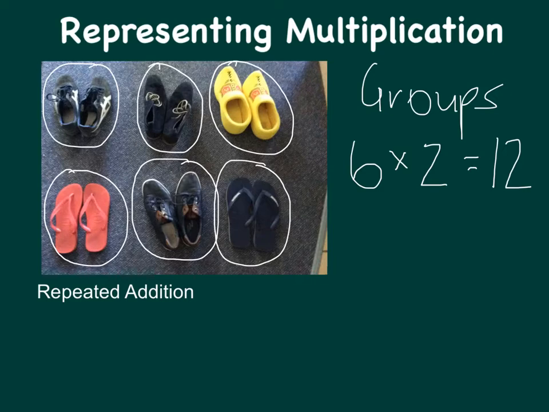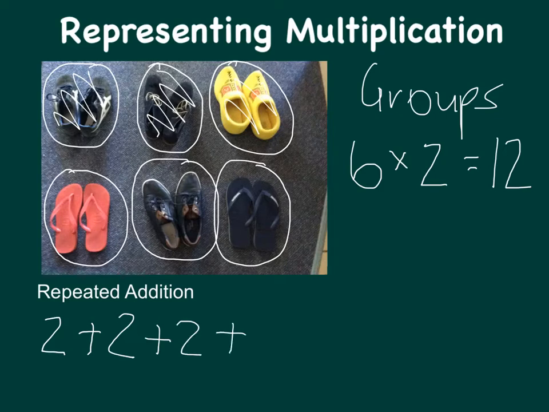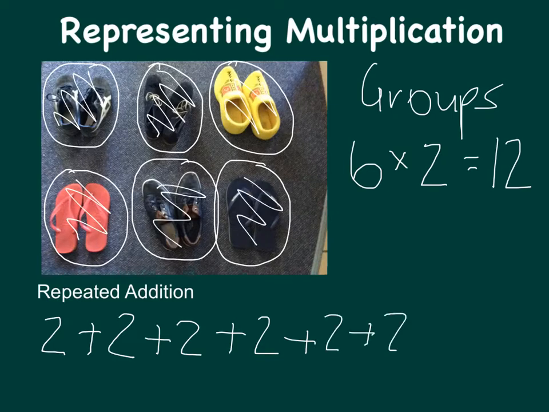So we can start by saying 2 plus, and once we've done that 2, we'll just scratch it out. 2 plus 2, that's another group, plus 2 plus 2, that's that one, plus 2, that one, plus 2, and that equals what? Let's simply count on in 2s like we've been doing. 2, 4, 6, 8, 10, 12.